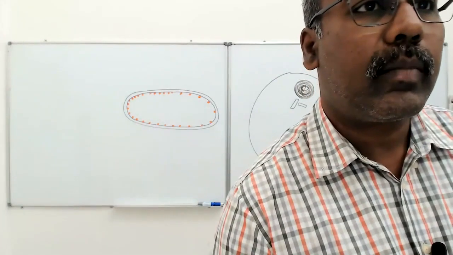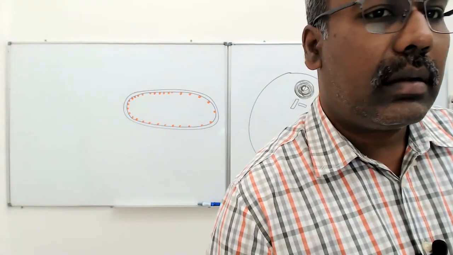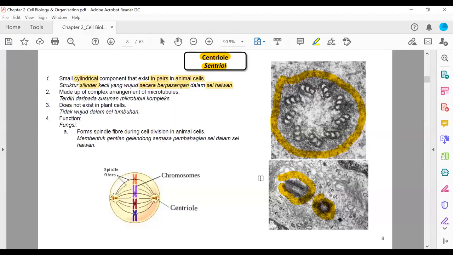Okay, let's go back to the note again. So, made up of complex arrangements of microtubules. Terdiri daripada susunan microtubule kompleks. Sebenarnya dalam sel ada satu komponen yang dipanggil sebagai microtubule.